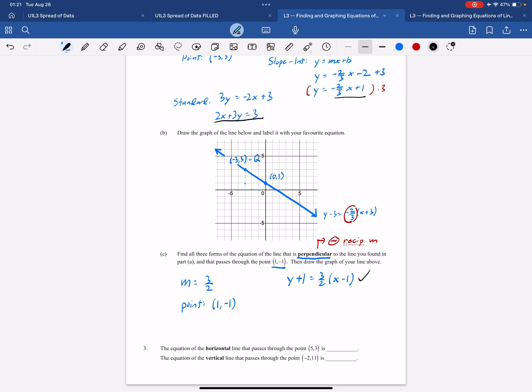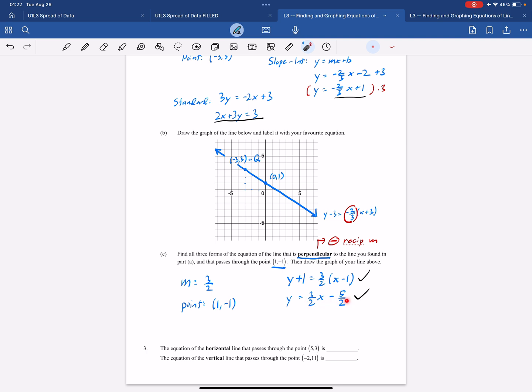Now this is the same thing as y equals 3/2x minus 3/2 minus 1, so that's minus 5/2. All I did there is distribute. So 3/2 times x is this, 3/2 times negative 1 is negative 3/2, minus 2/2 is negative 5/2.